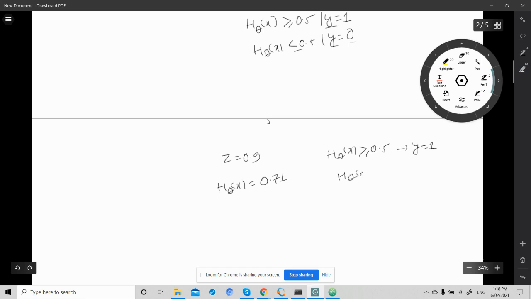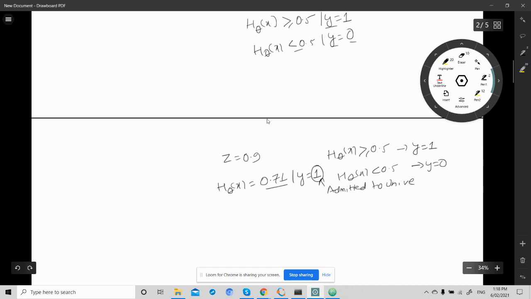If our h theta of x is less than 0.5, our y is 0. So if it is greater than 0.5, then we say that our y is 1. So what does y equals 1 mean? In our case, 1 is for admitted to university, and 0 means not admitted.